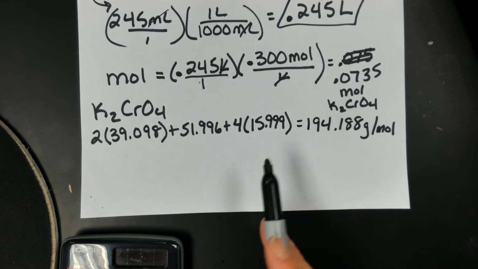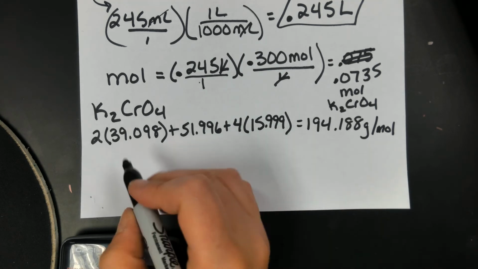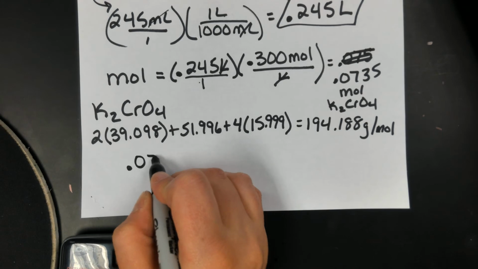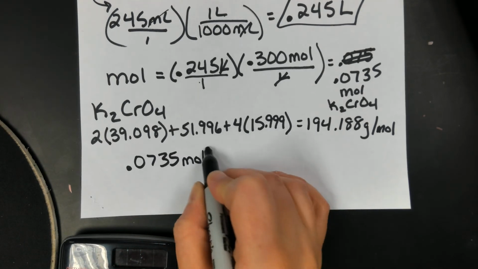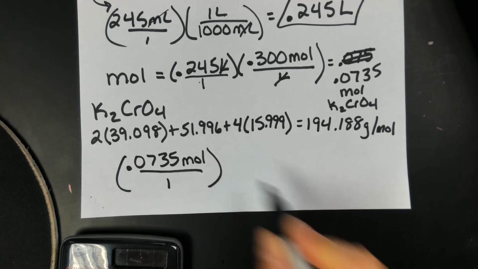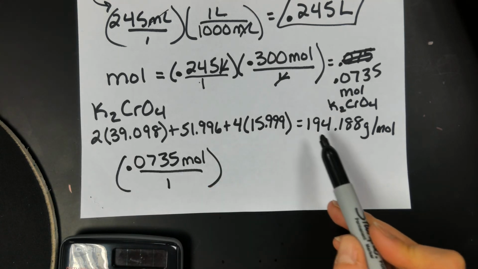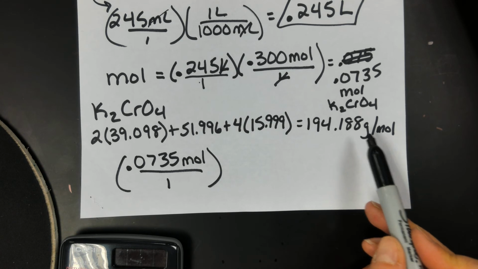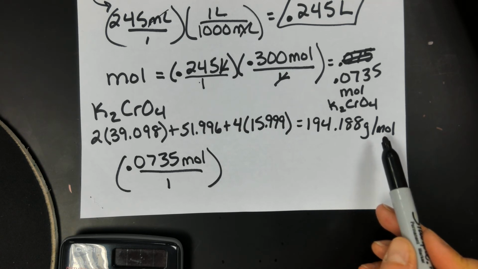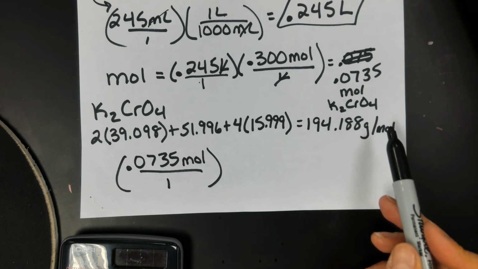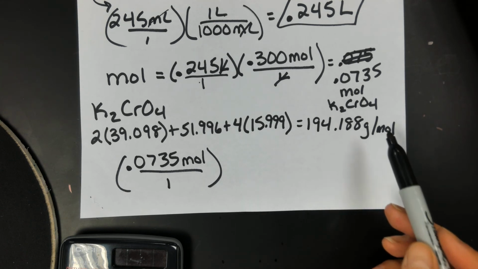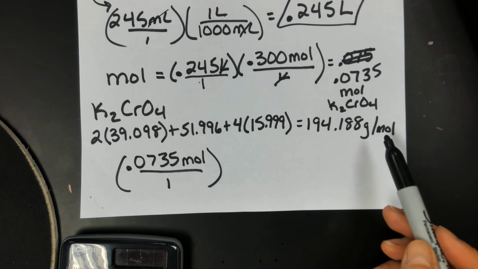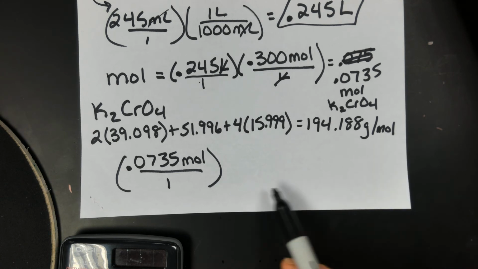So we need 0.0735 moles. Put it over 1. And I know that 194 grams is equal to 1 mole. So I'm going to use this as my conversion factor in my stoichiometry. Am I going to put moles on top or on bottom? On bottom, right? Because I need the moles to cancel out.